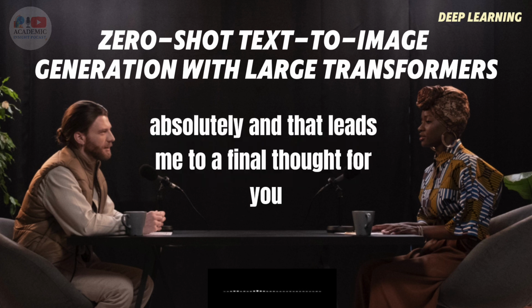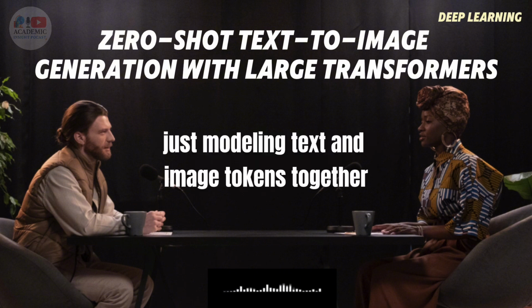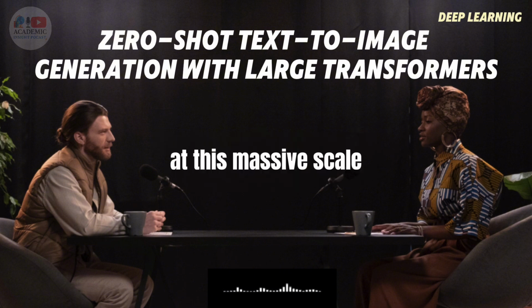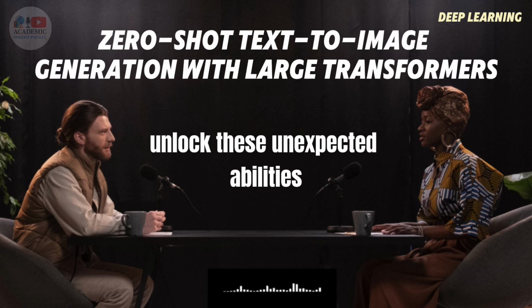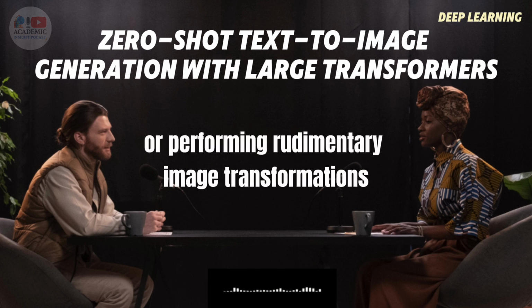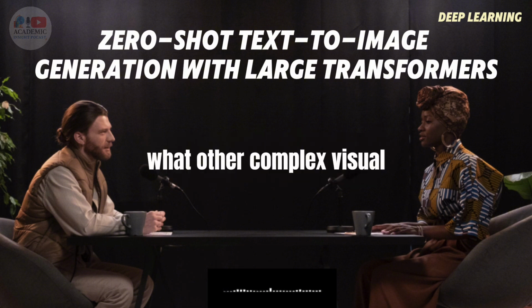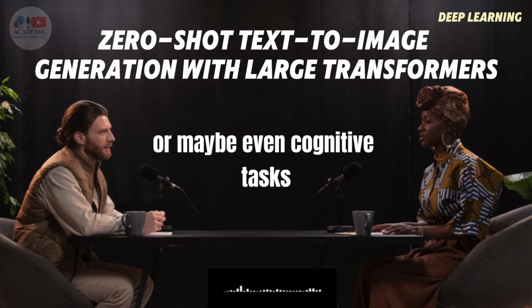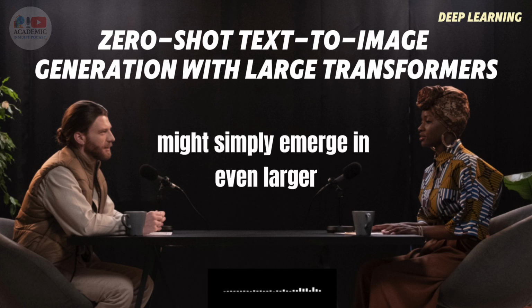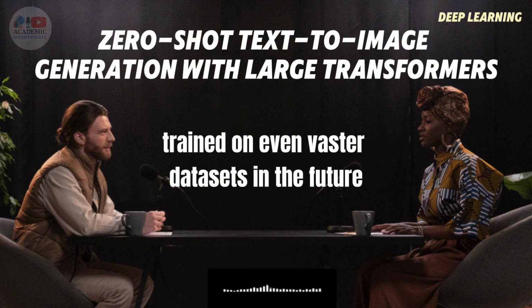Absolutely. And that leads me to a final thought for you, the listener, to carry with you. Considering how just modeling text and image tokens together at this massive scale unlocked these unexpected abilities, like combining disparate concepts or performing rudimentary image transformations controlled purely by language, what other complex visual or maybe even cognitive tasks might simply emerge in even larger, more general models trained on even vaster datasets in the future?